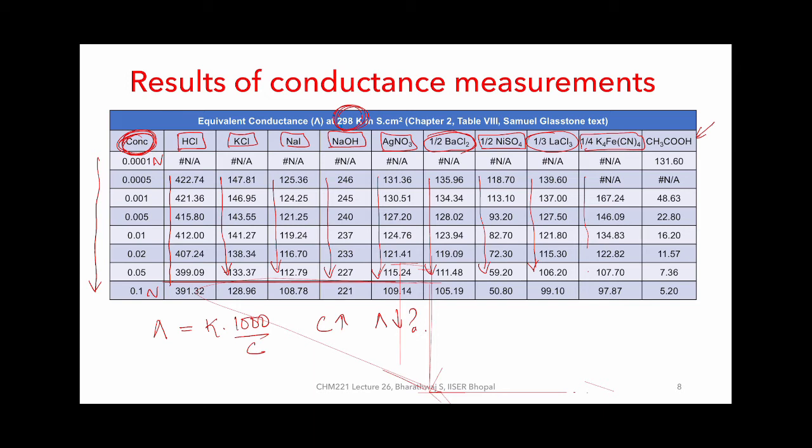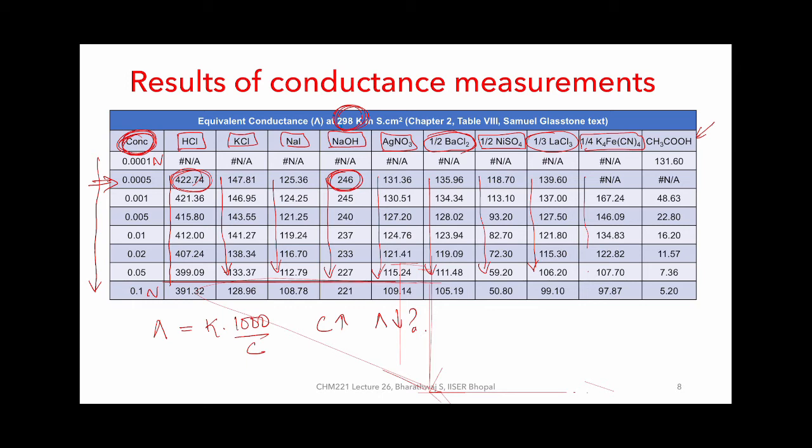Now let's pay a little closer attention to the various values that are present. We are looking at HCl and NaOH. The equivalent conductance at one of the lowest concentrations measured is quite high in comparison to any other measurements that are present. We will see that the Grotthuss type of migration of H plus and OH minus would be the reason for it later.